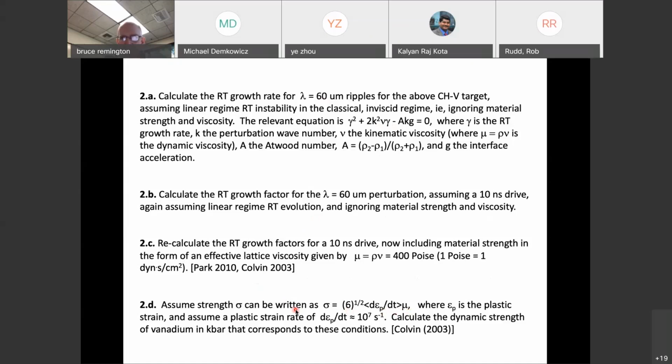And based on that comparison, see if you can back out from the viscosity what the actual strength of the material should be. What we called effective lattice viscosity in the previous talk by Robert Rudd.